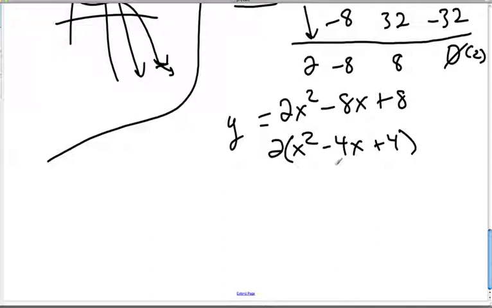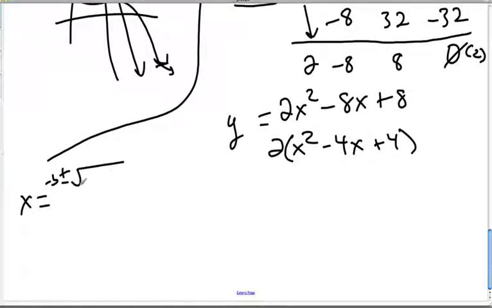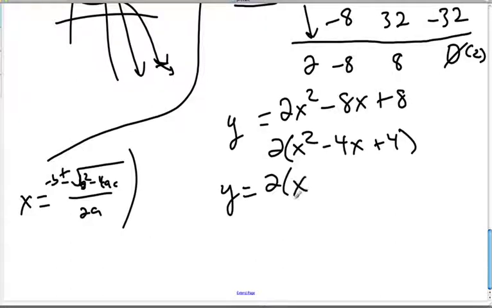But if you haven't, then it becomes a simple matter of going into the quadratic formula, which we went over in the last one: x equals negative b plus or minus the square root of b squared minus 4ac, all over 2a. And that's just more work for you. But I know that this is a perfect square trinomial, so it's x minus 2 squared.